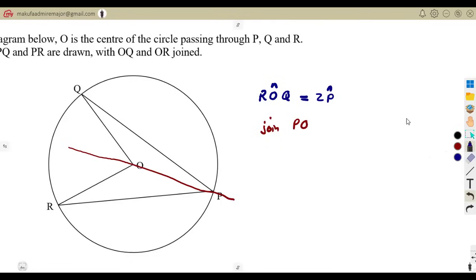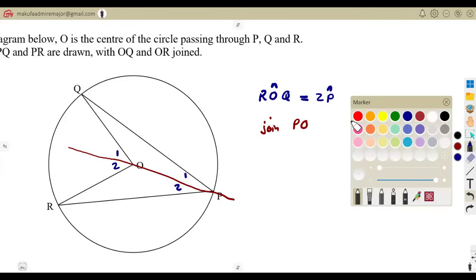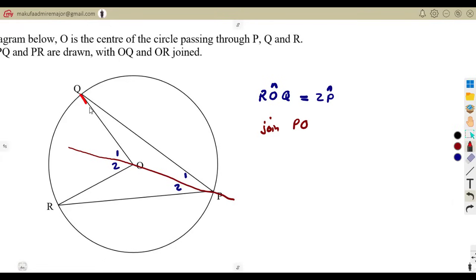By joining this, you are creating angles at O. This will be O1 and this will be O2. At P, we can say this is P1, this is P2. So in the relationship of our angles, we do understand that. Remember, there's a triangle that we have in triangle Q or P like this one.